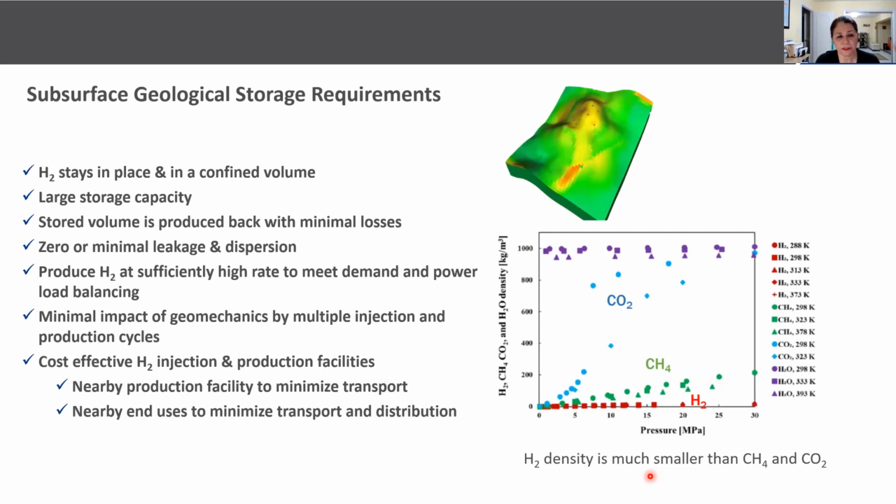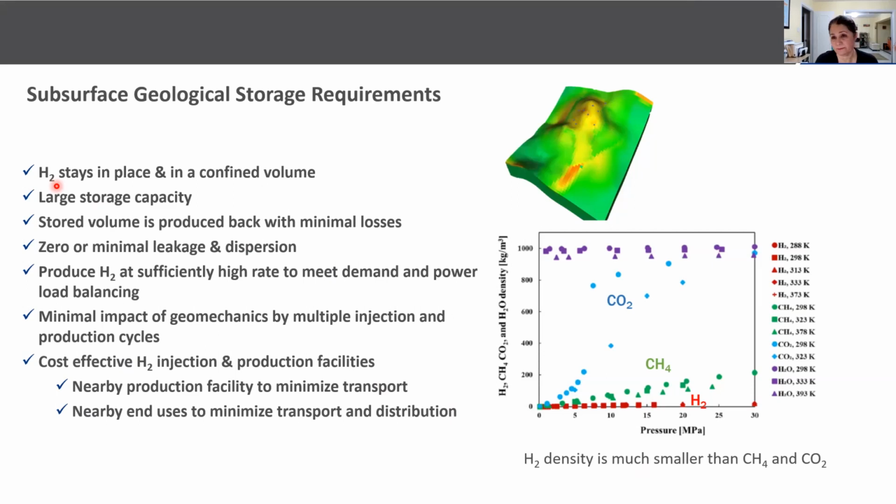And of course, there are a lot of requirements for hydrogen storage in the subsurface. What you're trying to do is keep hydrogen in place and in a confined volume. It's different than CO2 storage, because here you want to inject and be able to produce back.